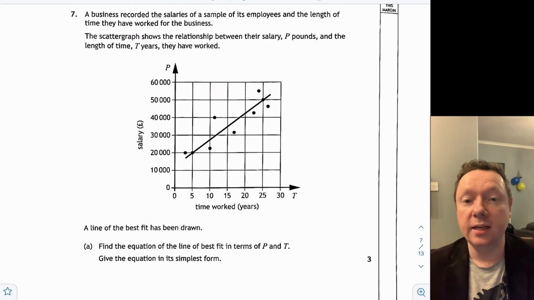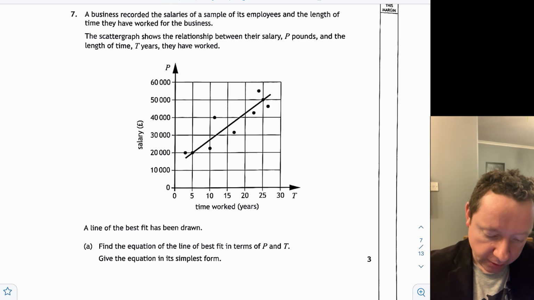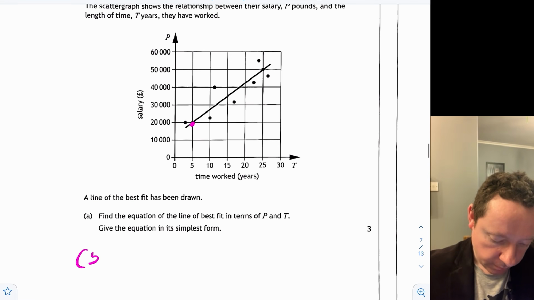So to find the equation of a line, you need to find the gradient, and then you need to use the formula y equals mx plus c, or y minus b equals m times x minus a. So I need the points for gradient, so let's pick some points. There's one clearly there. That is 5, 20,000. And the second point we can pick is clearly identified here, which is 25, 50,000.